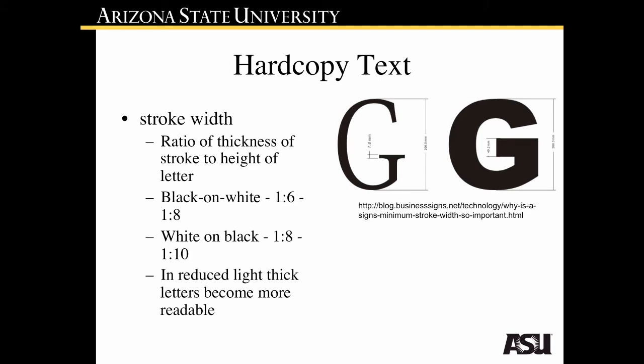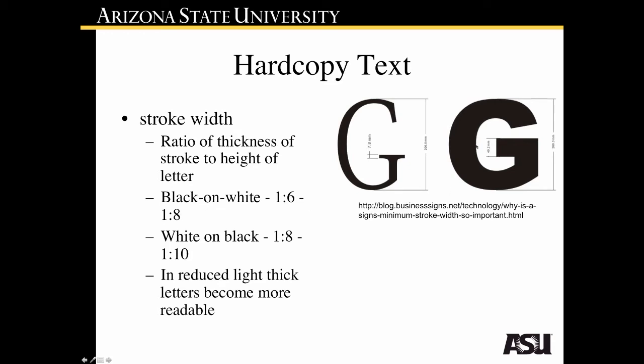There are some other things, actually, and one of them is the stroke width of the text that you're looking at. So, for example, here you can see that from far away, this actually might be a little bit difficult to read. If you were some distance away, maybe you were looking at a sign, for example, the ratio of the thickness of the stroke, which is this, to the height of the letter, which is this, should be somewhere between 1 to 6 or 1 to 8.